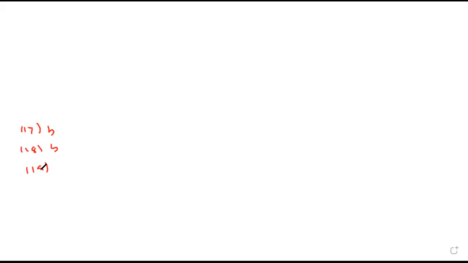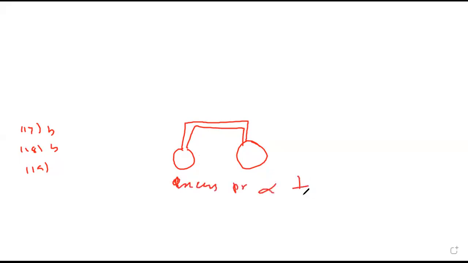This is the smaller bubble. This is the larger bubble. They are connected through a wall. That means the smaller will have more excess pressure, because excess pressure is inversely proportional to radius. So can I say smaller will have more excess pressure?